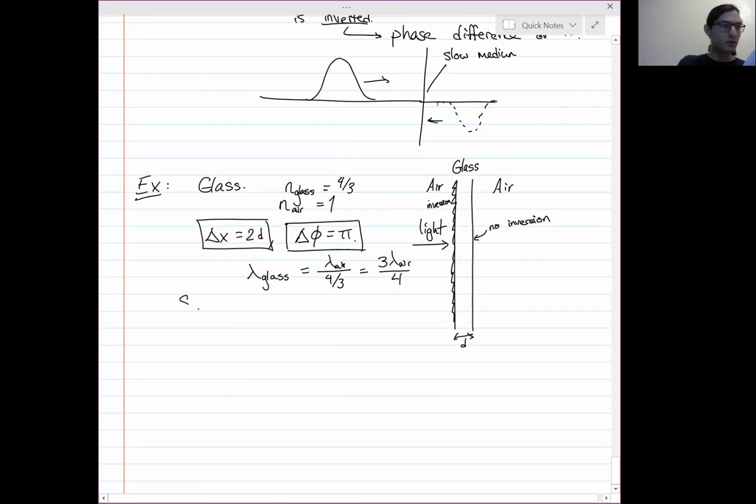So delta phi is equal to 2 pi times 2d divided by 3 lambda in air over 4, plus pi, which can be simplified to 16 pi d over 3 lambda air plus pi.